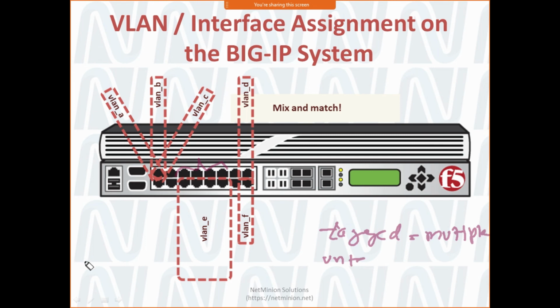Untagged means when single VLAN traffic is there. So you can see all of these interfaces are carrying a single VLAN only. Maybe all of them carry the same VLAN, that hardly matters, but they are carrying only a single VLAN. So all of these are untagged, and this port is the tagged interface. We can say it is a tagged interface.